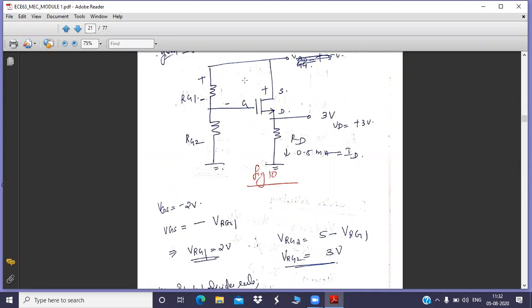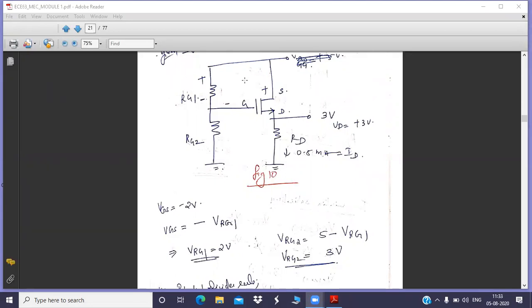And what is that resistance? Anybody? Just by observing the circuit. RG1, sir. Yes, good, good.